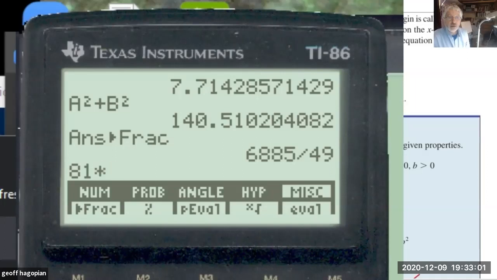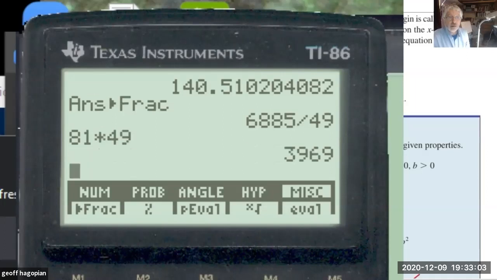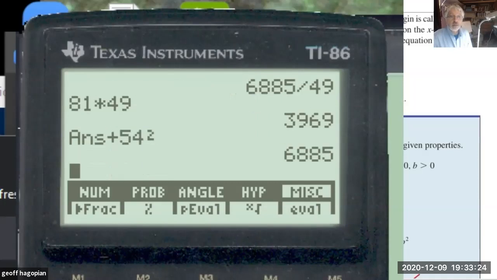Use a calculator. I was trying to be clever. Do it by hand, right? 3969. That's what I got. So we're going to add 54 squared to that, right? B is 54/7. And add 54 squared to that and get 6885, which somehow I screwed up.